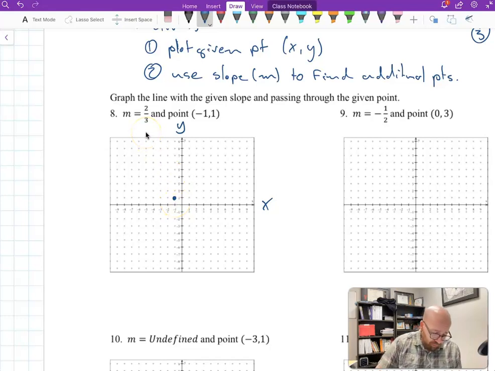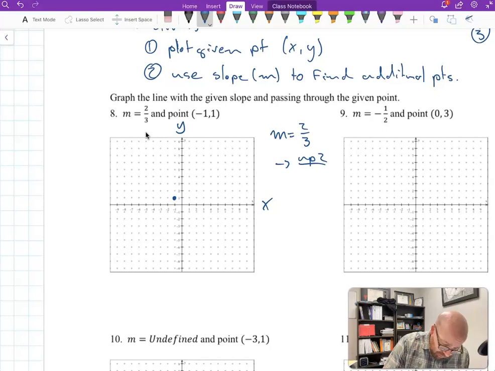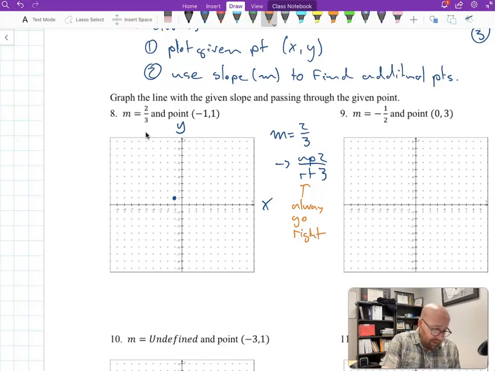Let's start with our slope. If m is equal to 2/3, this means that we are going to go up 2 and to the right 3. And I'm going to emphasize that we always go right. So, if we are starting from this point and we go up 2 to the right 3, go up 2.